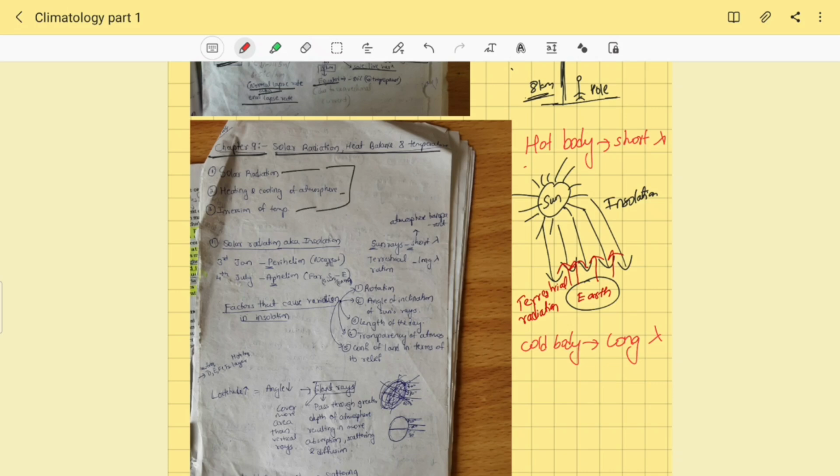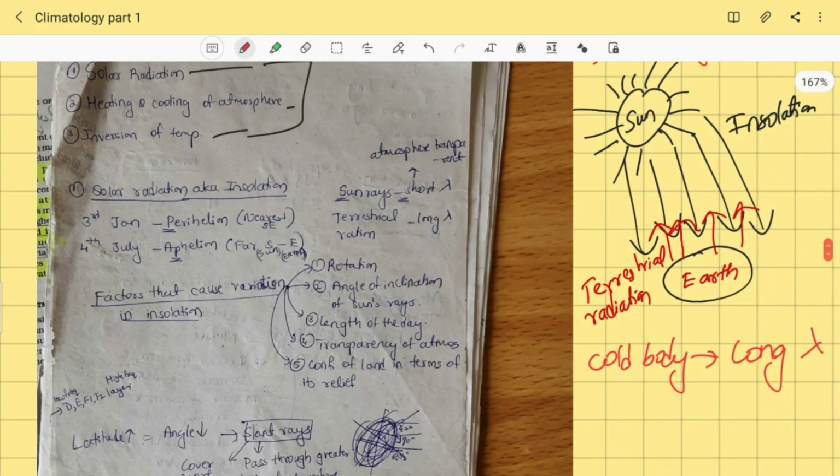There are different factors that cause variation in insolation, that is incoming solar radiation. Before studying them, let's see the words perihelion and aphelion. Perihelion is the date when the sun is nearest to earth, that is 3rd Jan. When the sun is far away from the earth, that is known as aphelion, and that date is 4th July.